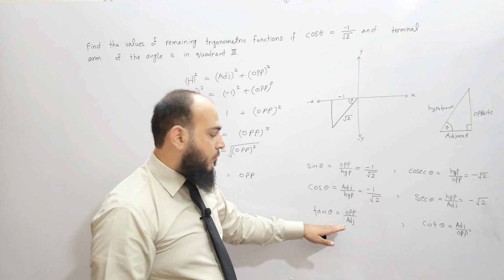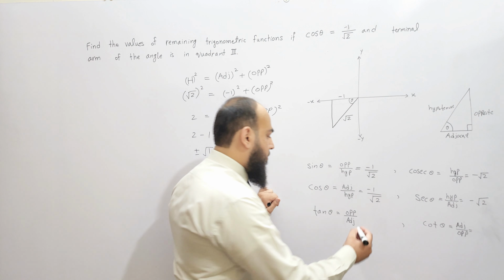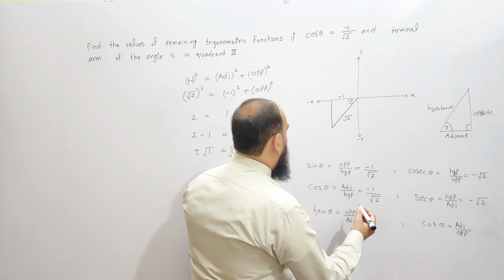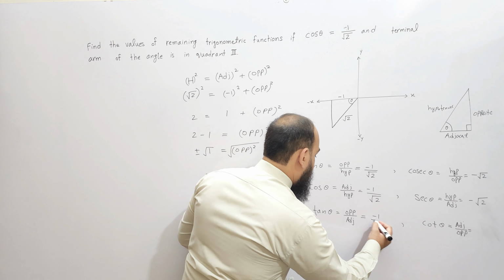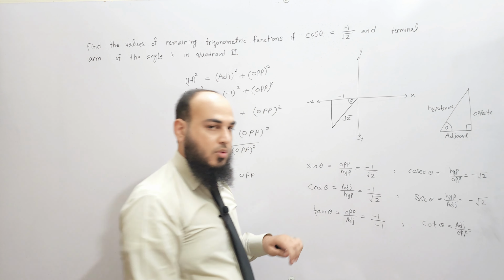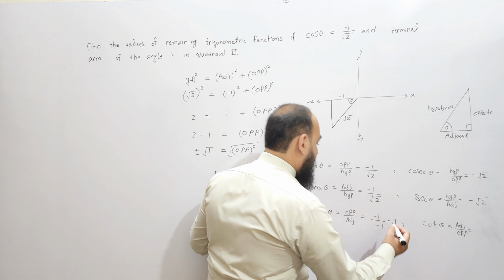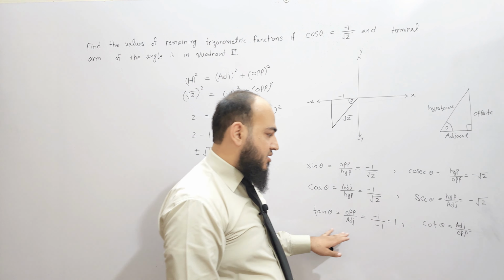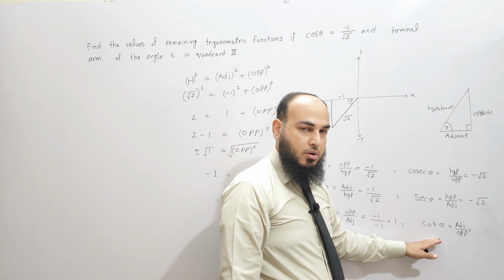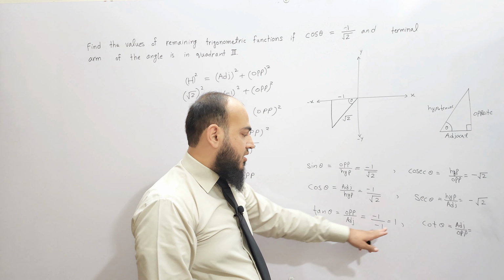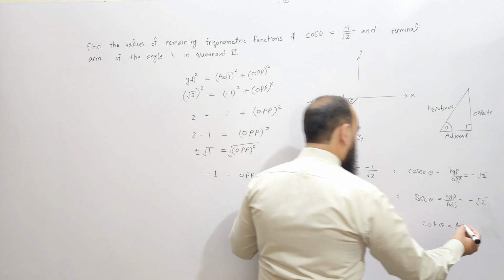And tan theta is opposite over adjacent. Our opposite side is minus 1, and adjacent is also minus 1. Minus 1 over minus 1 is equal to 1. And the reciprocal of tan theta is cot theta, and the reciprocal of 1 is 1.